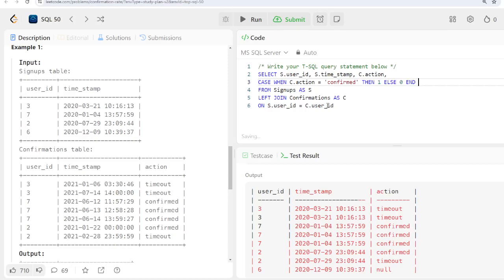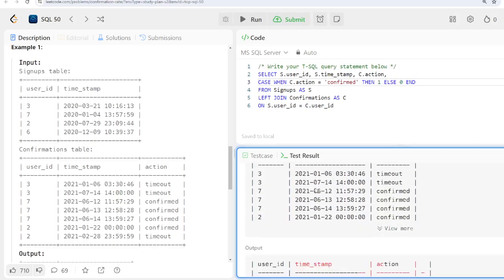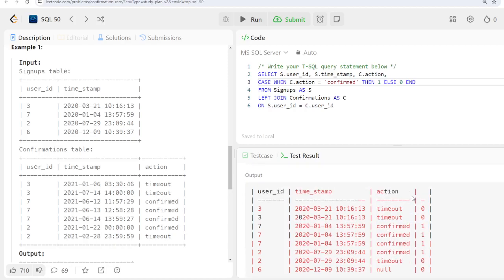Alright, so let me run and show you. Okay, so now for timeout it is 0 and for confirmed it is 1. So now it is very simple. Now I have to do the sum of this column, right, and group by user ID, and count this user ID column and group by user ID.